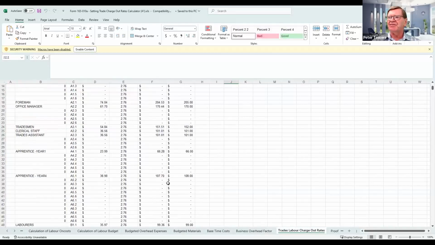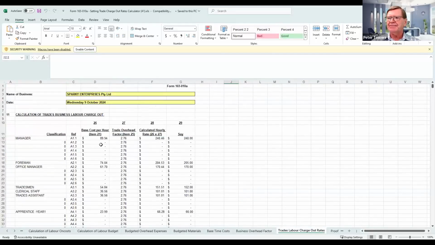So the calculations have then gone through and been worked out. And again, those reference numbers appear so you can follow who we're talking about. So the manager's applicable charge out rate is $248. We've rounded it: under 50 cents down, over 50 cents up.